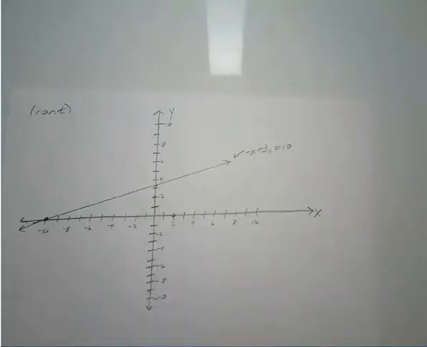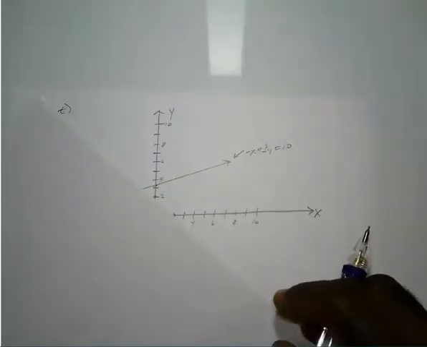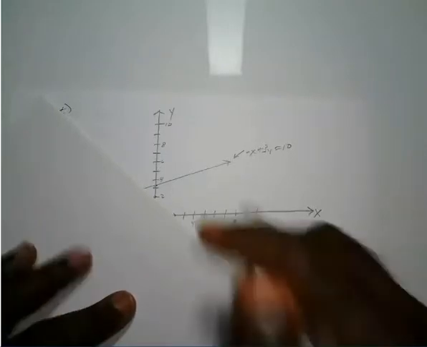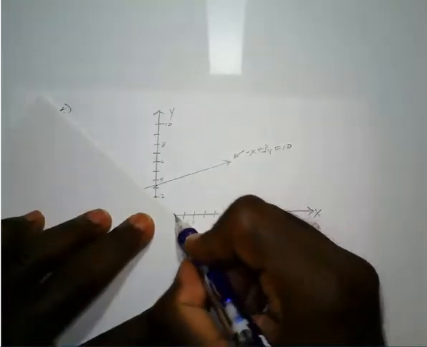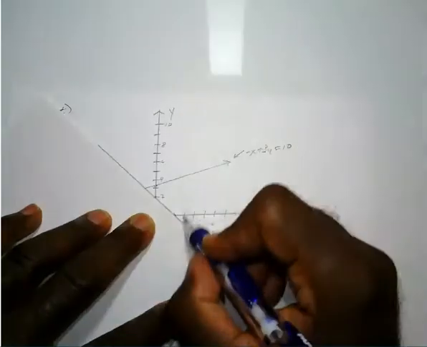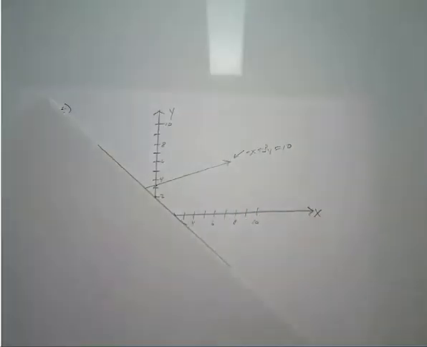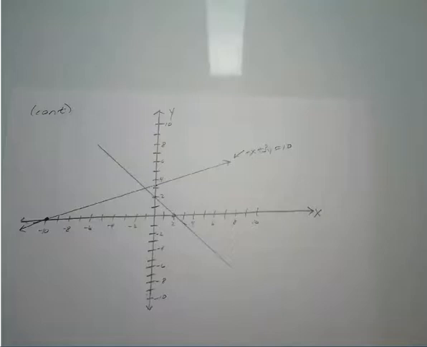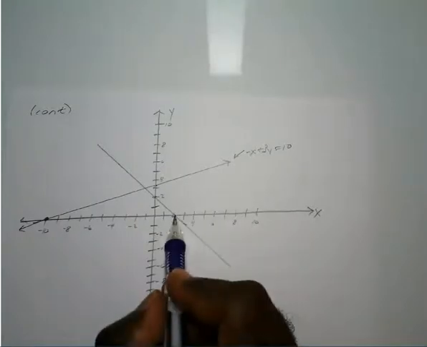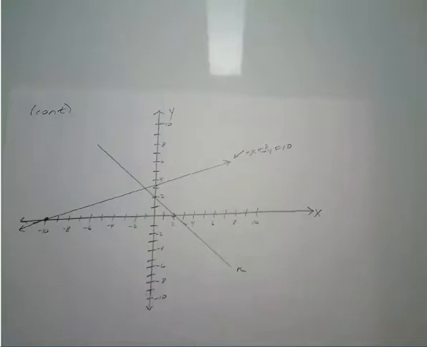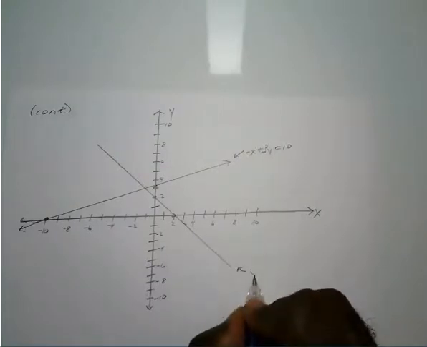Once again, we get our straight edge and draw that line through there. Remember, that's our graph for x plus y equals 2.